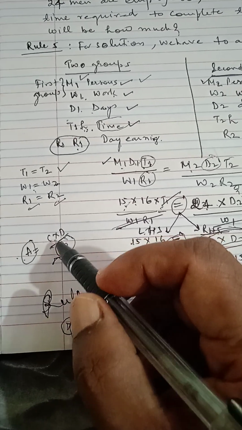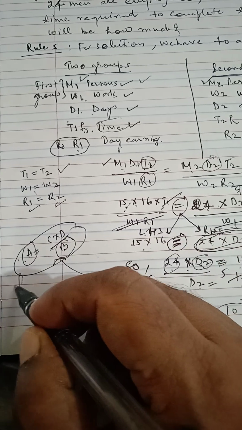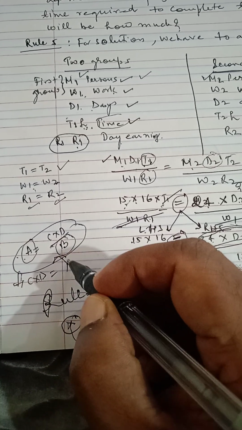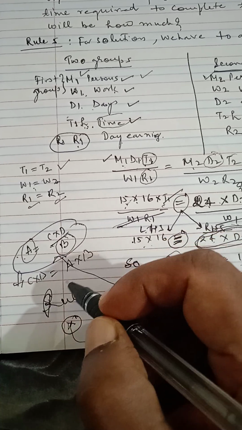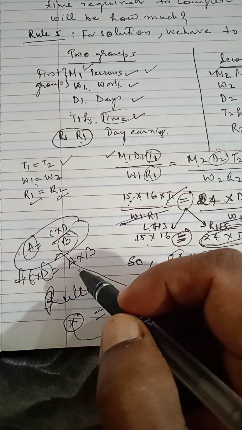Right now this can also be written as C into D is equal to A into B. You can find the C or D value accordingly.